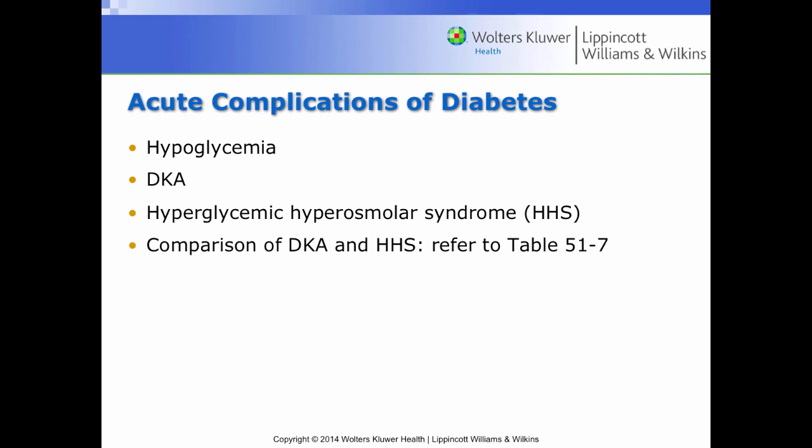Sometimes you'll hear it HHNK, hyperglycemic hyperosmolar non-ketotic syndrome. With this, this is a complication of type 2 diabetes. And type 2 diabetics are not going to go into ketoacidosis, but they can be so hyperglycemic that the osmolarity of their blood increases and they can end up in a coma because of that hyperosmolar state. Okay? And if you look on your table 51.7, you can see a comparison of DKA and HHS.